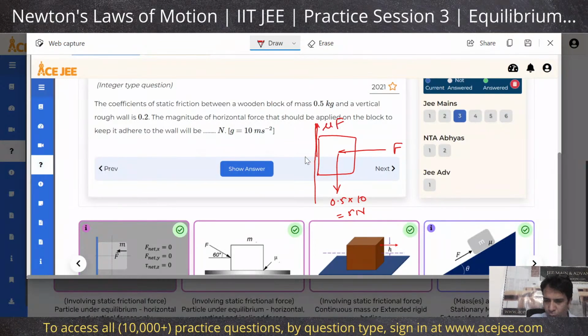Because the normal force will be equal to F. So the frictional force is mu F. So mu F is 5 newtons. So F is 5 divided by 0.2. Yes, Peter? Yes, sir. So 25 newtons.